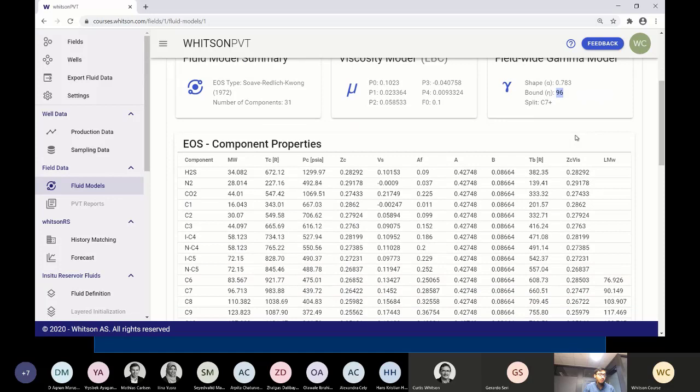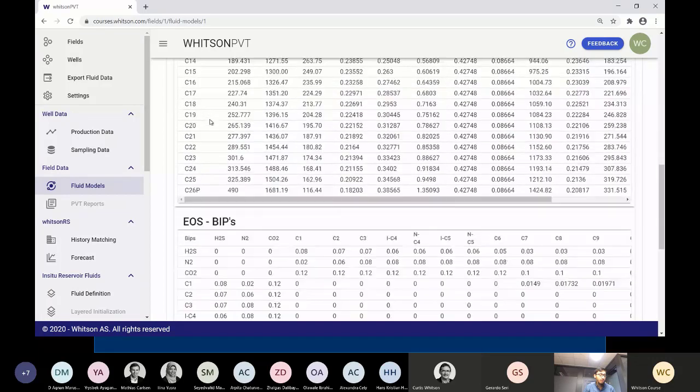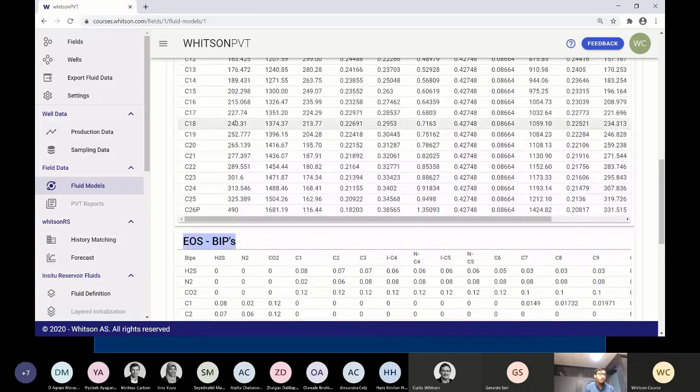If you look at the equation of state model, Matthias mentioned on the first day that the EOS model has two tables. One is the component properties. The other, if you scroll down, is the binary interaction parameters. We haven't seen binary interaction parameters until now because we were only discussing the equation of state models for pure components.